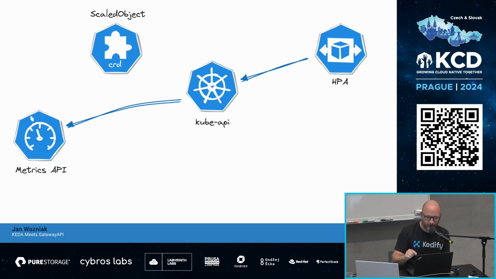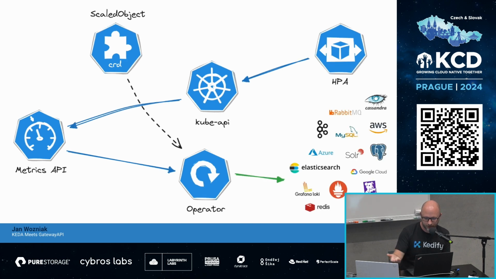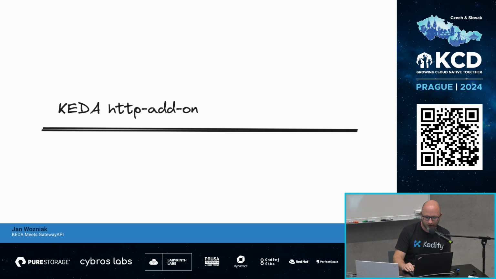The Kube API delegates the request to metrics API. Metrics API actually asks the operator, because operator is the only one from KEDA that knows how to authenticate and query the 65 supported external scalers. So those were all the basic workflows of KEDA.